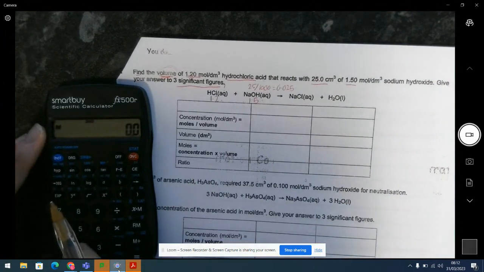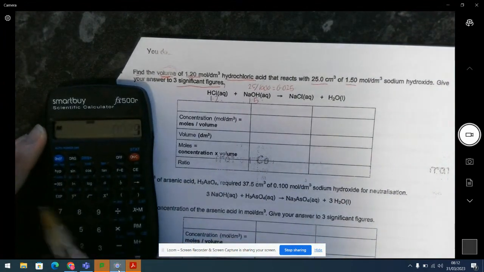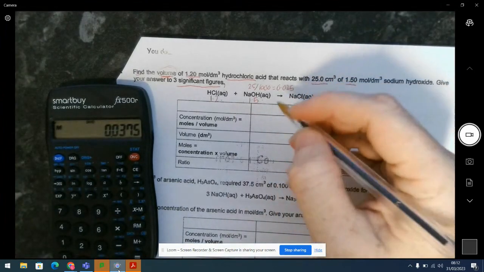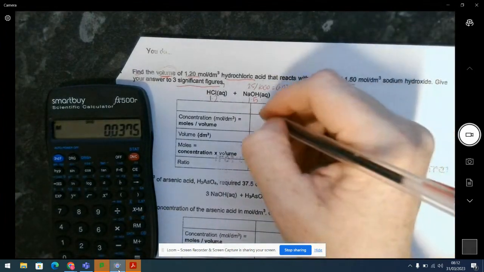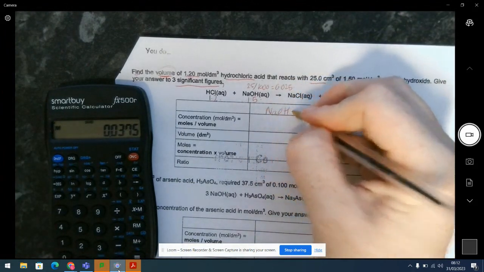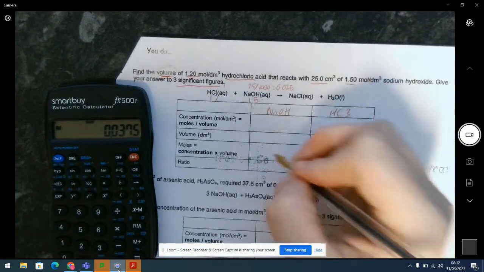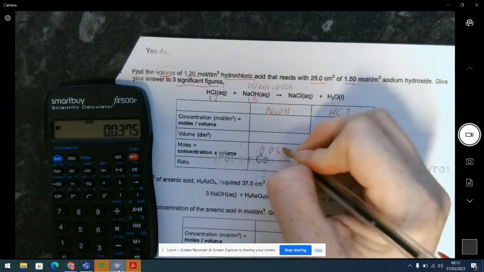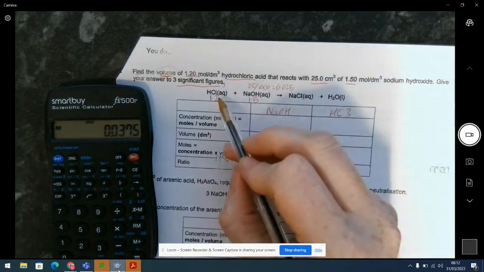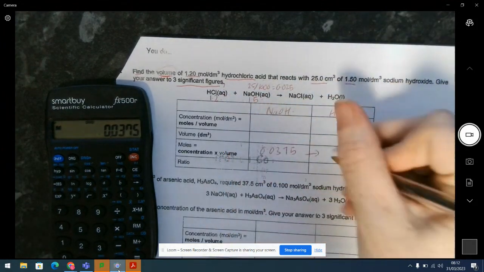So 0.025 times by 1.5 for the sodium hydroxide gives me a mole value of 0.0375. I'm just going to put this over here now, NaOH, HCl. The mole value would be the same for the hydrochloric acid because it's a 1-to-1 ratio, 0.0375.